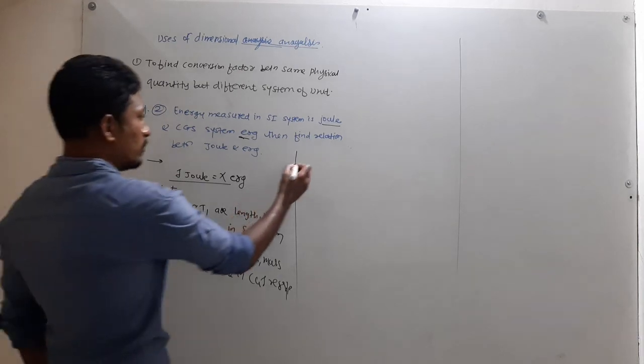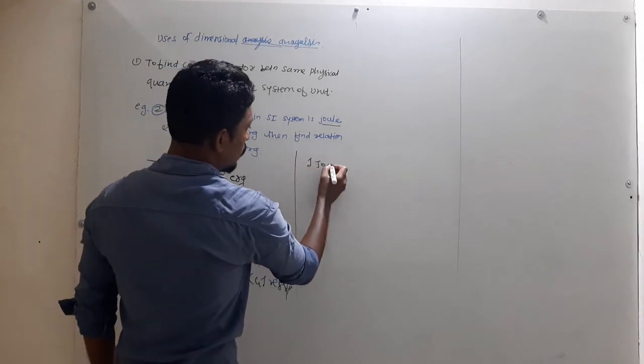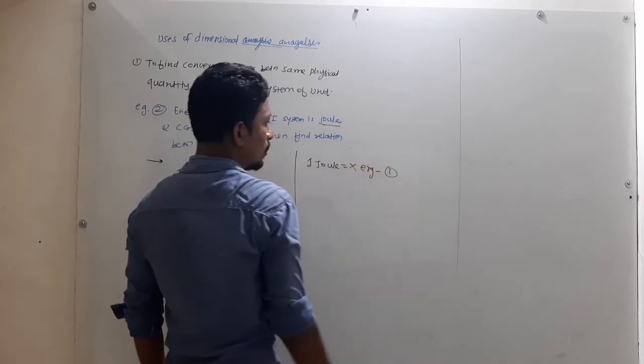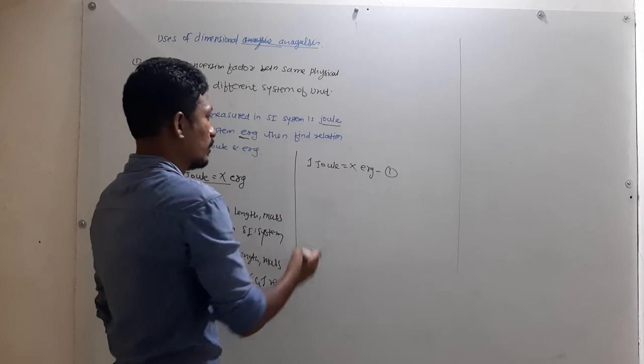Then again, 1 joule is equal to how many erg? That is x erg. This is equation number 1.